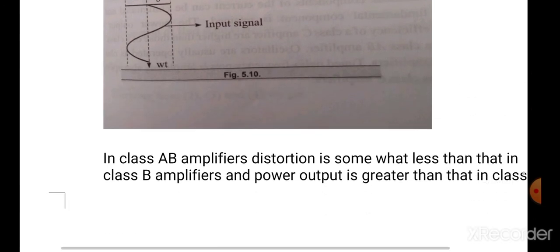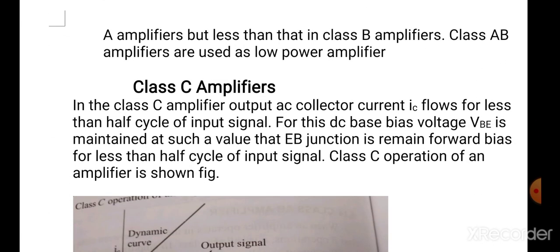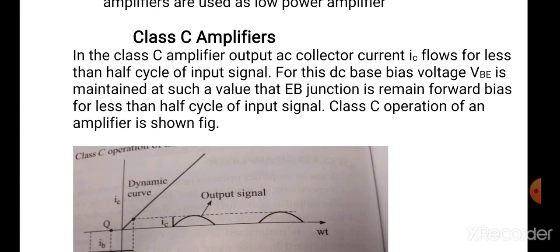Next, we discuss the Class C amplifier. In a Class C amplifier, the output AC collector current follows less than half cycle of the input signal.